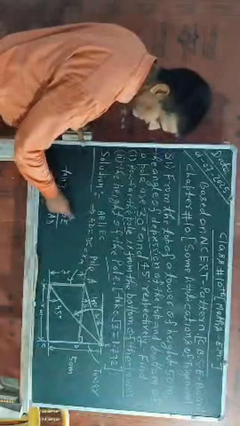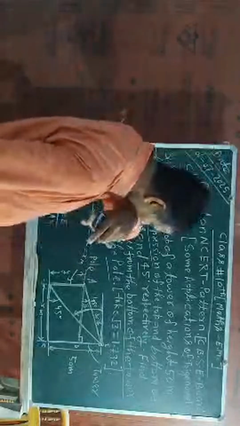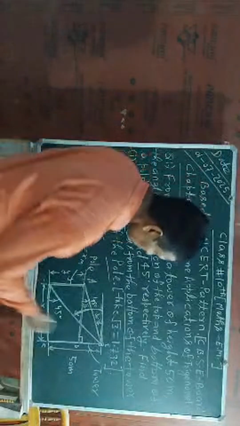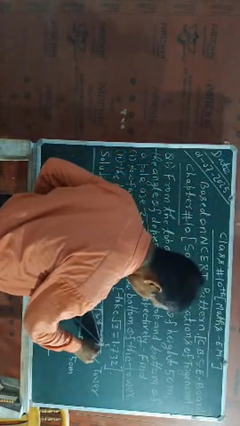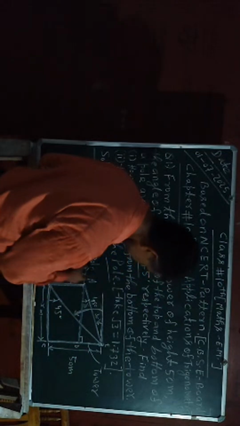Okay, students, further I write the length ED. This length is EC, and EC is given here as 45 degree, and this length AB is y meter. This line and this line are parallel, and this line and this line are also parallel, so this length is equal to this.